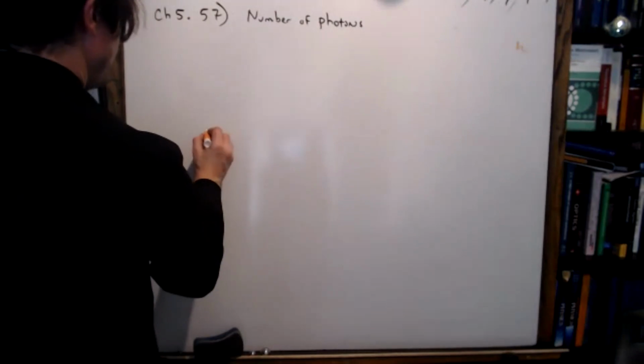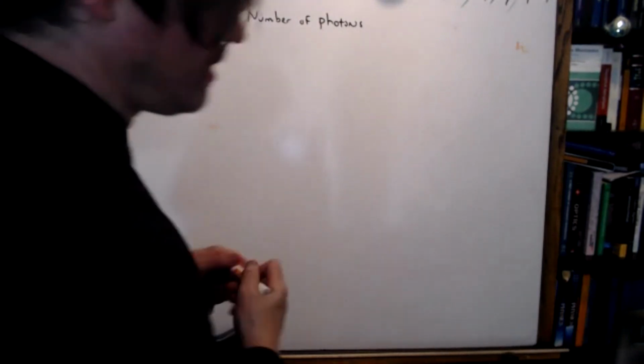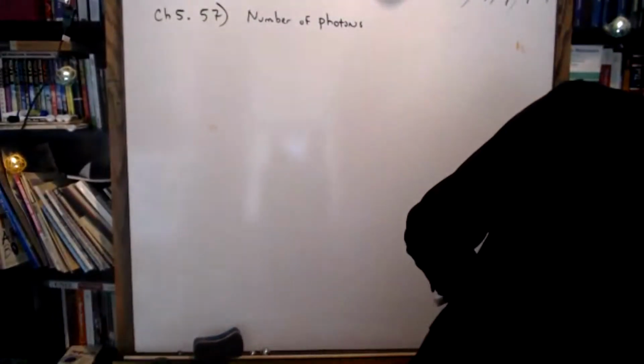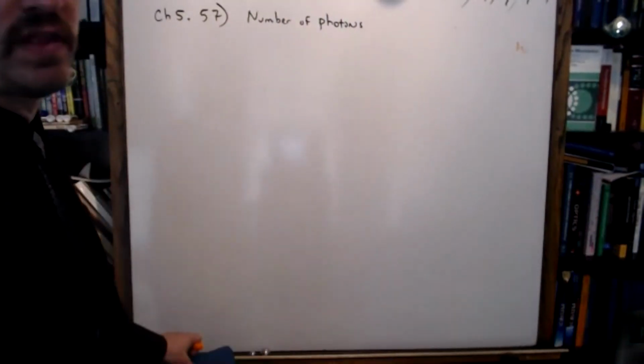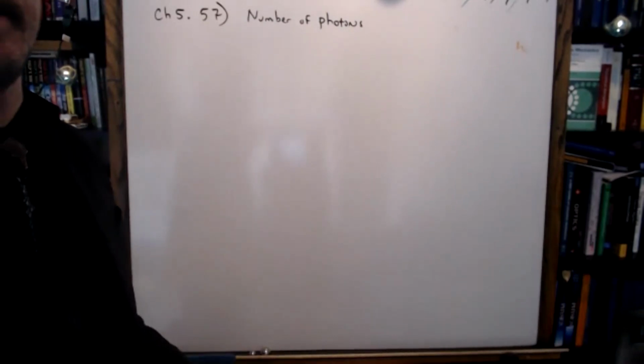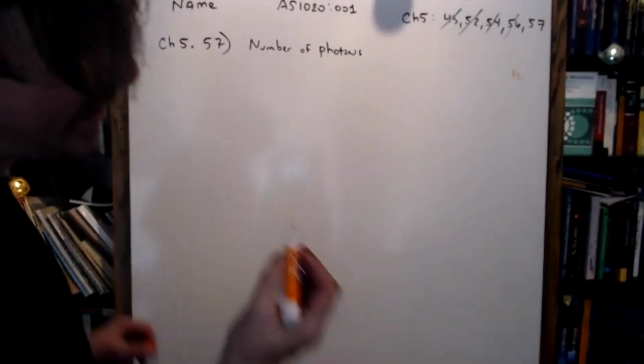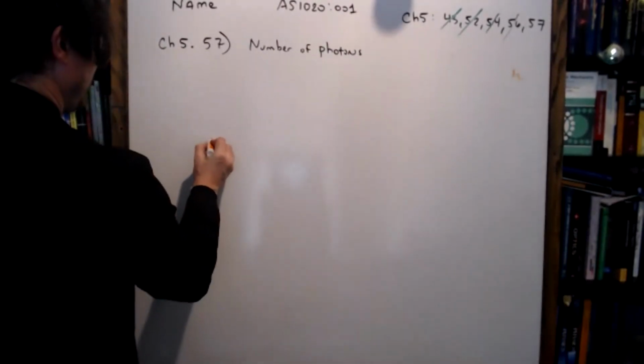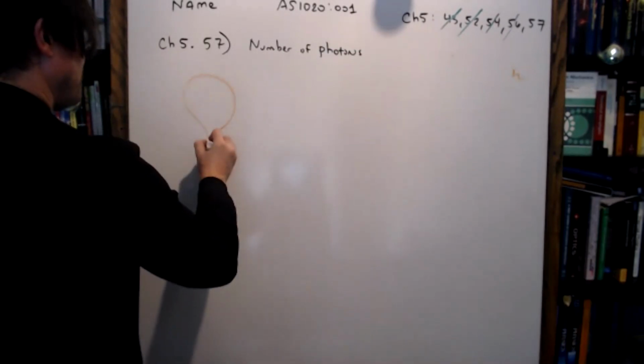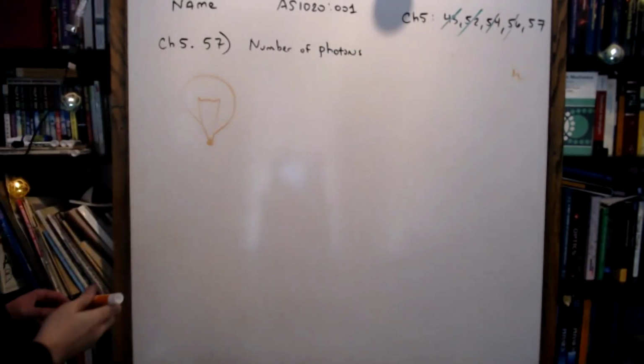Let's pause there for a second, Wyatt. This problem is like, if you ever go to Home Depot and you go to the lighting section, they have party light bulbs. This is a problem about a party light bulb. 600 nanometers is the color orange. So here's your light bulb.